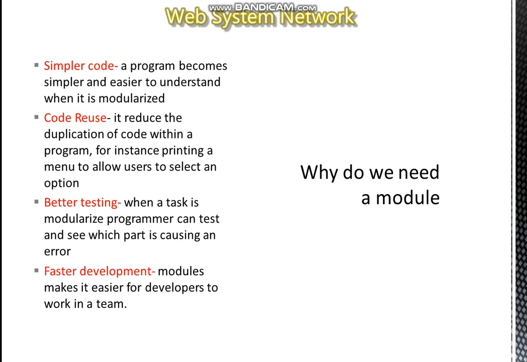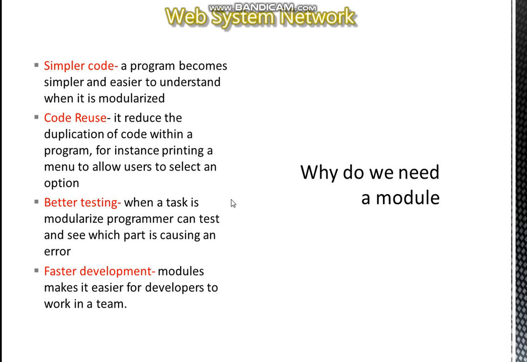We want to display the menu again immediately so that the user can decide what to do next, whether to edit the item that he has added, or just quit. So we display it over and over until the user decides to quit the program. That is where modules come in handy. It reduces the duplication of code within a program.